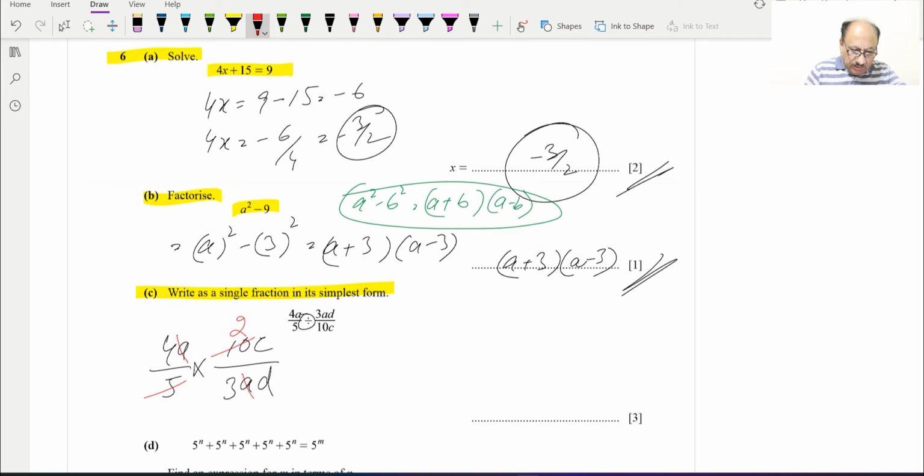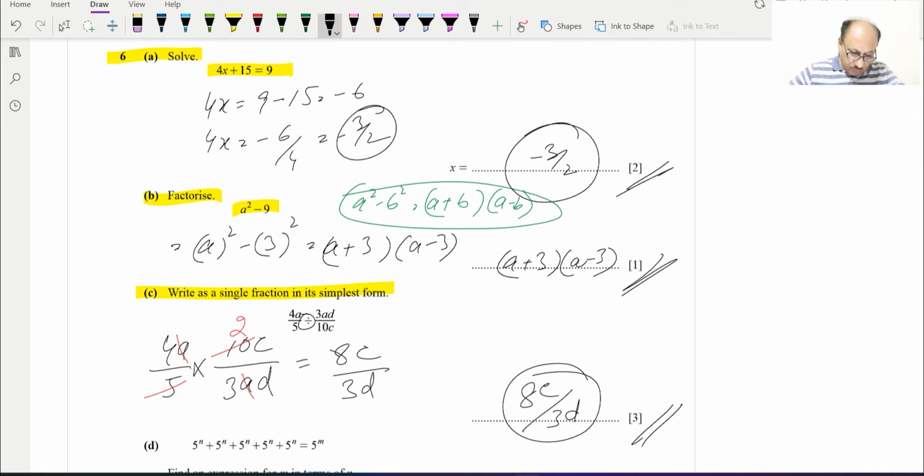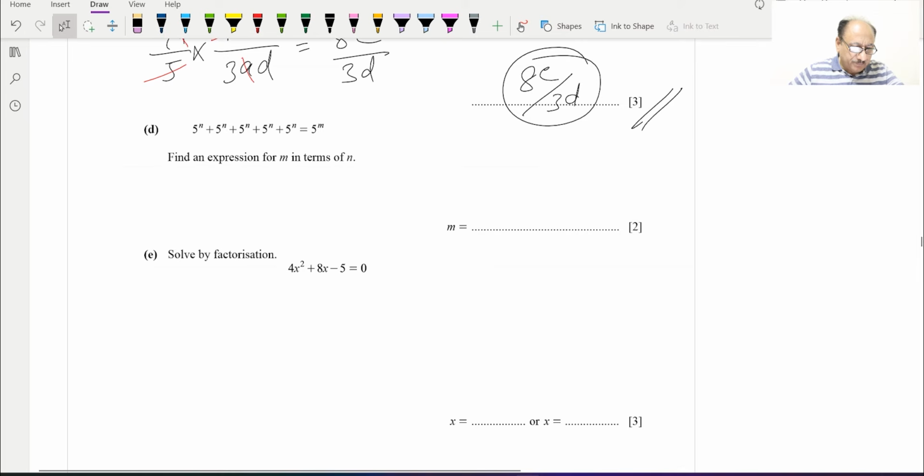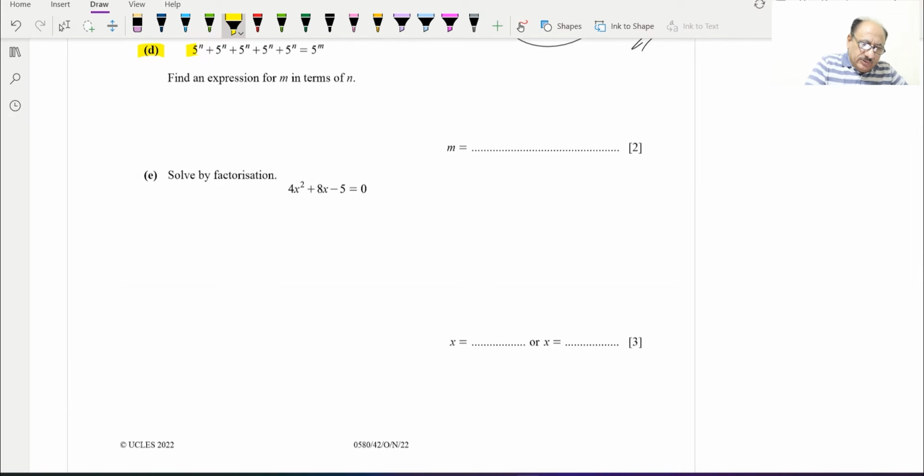So this will be 4 into 2, which is 8c over 3d, and 8c over 3d will be our final answer for 3 marks. Hopefully you understood this.